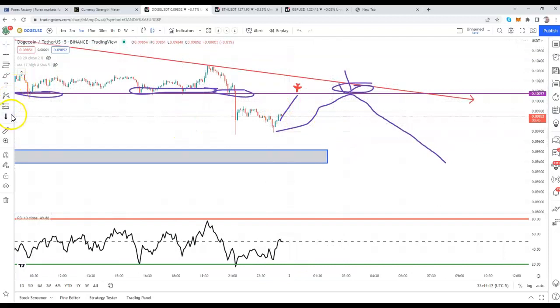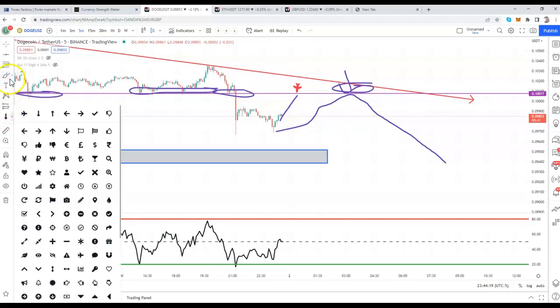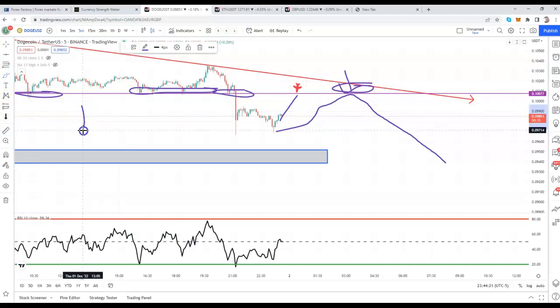Or we could see an engulfing. If it's bearish, we're going to see a bearish engulfing.